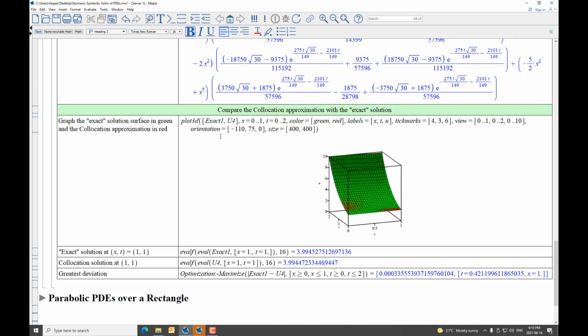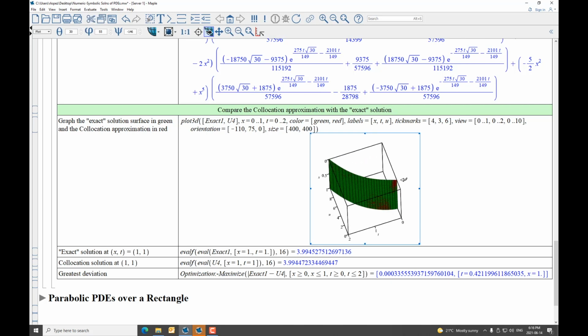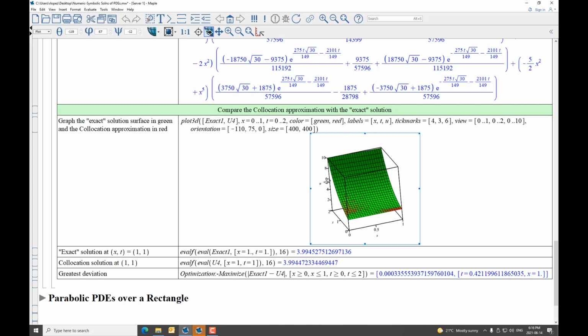Of course, we want to make some comparison to the exact solution. So let's graph the solution surface from the exact solution and from this collocation solution. You can see there's a little bit more red showing through the green, meaning this is not going to be as accurate as the Galerkin solution. Then some numeric tests. So we test the exact solution at 1, 1, this number.